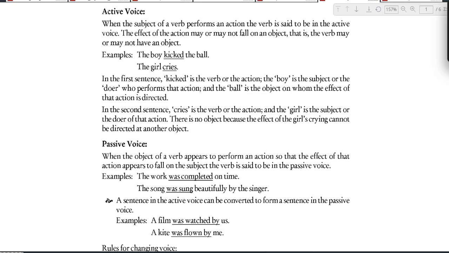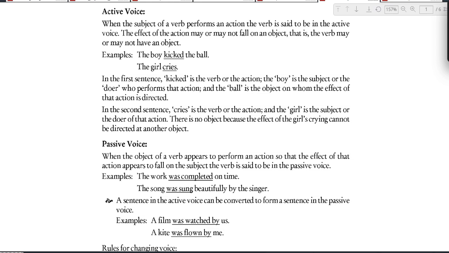So that's the passive voice, right? The work was completed on time. Isn't it passive, correct? Yes, the work was completed on time.